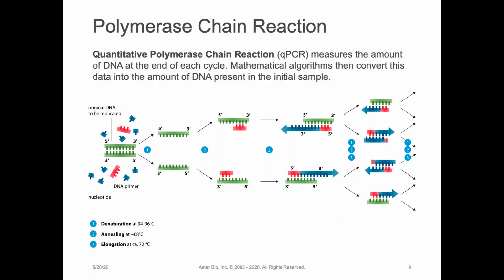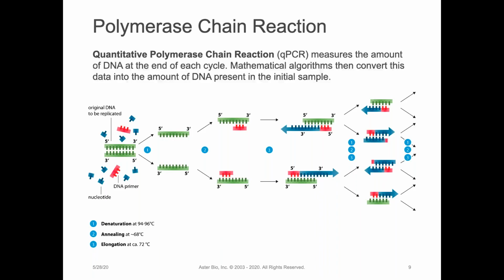In the first step, you separate out the DNA helix into its two independent strands simply by heating up the reaction to 94 to 96 degrees Celsius, so almost to a boiling point. You then cool the reaction mix slightly, and this allows the DNA to start sticking back together. But because of its size, the primers stick to the single-stranded DNA first in step 2.